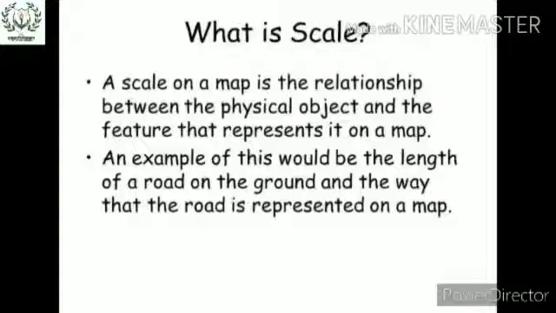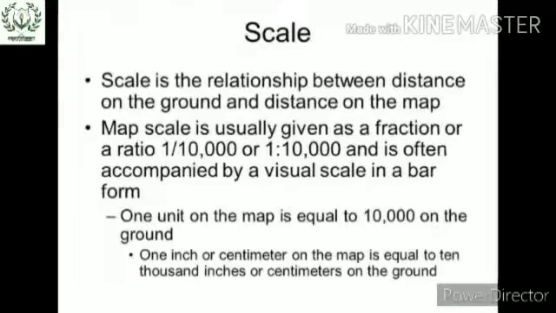For example, the length of a road on the ground and the way that the road is represented on the map. The scale is the relationship between distance on the ground and the distance on the map.